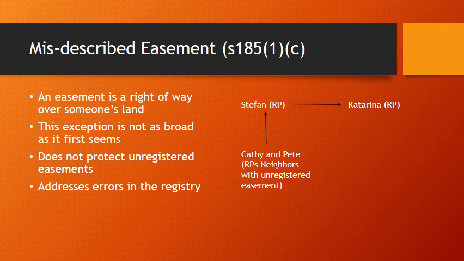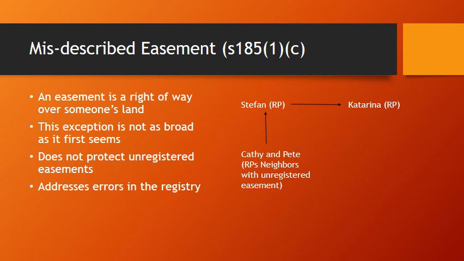Section 185(1)(c) is really for things which are historical in nature, where, for example, they brought Stefan's property onto the register. It basically only protects a situation where you've got the transfer of land from the old system title into the registered system of land, the Land Title Act system, and they forgot to bring across the easement at that stage.